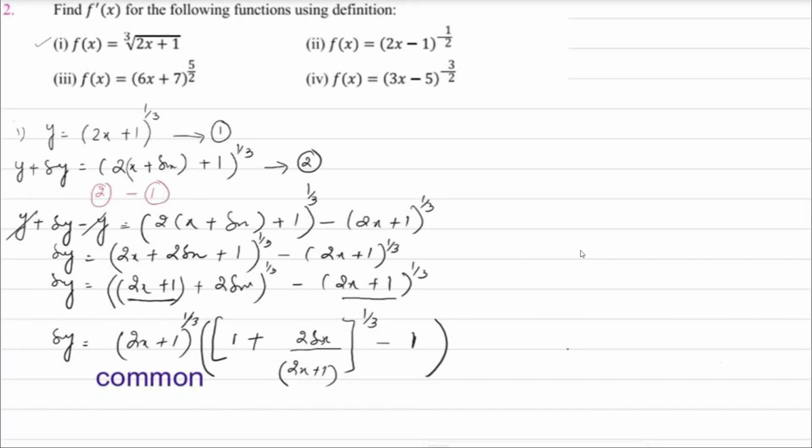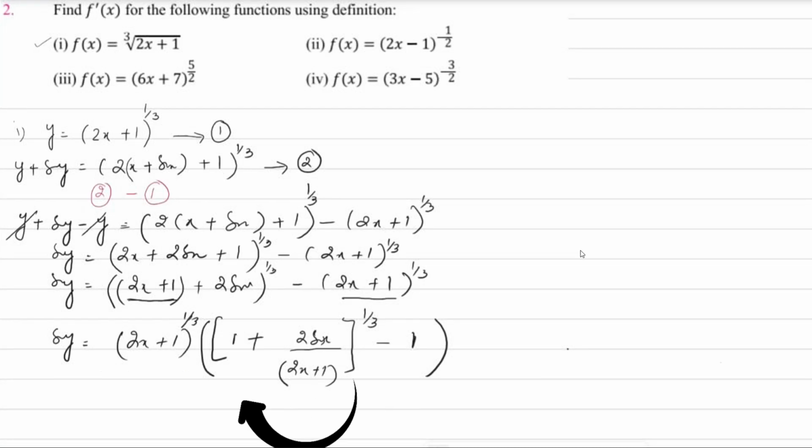From these two terms we have taken 2x plus 1 whole raised to 1 upon 3 common. As we have taken this term common, here it would be 1. Here there is no 2x plus 1, so it would be divided by this term, and minus 1 will be there. This will be solved by the binomial theorem.